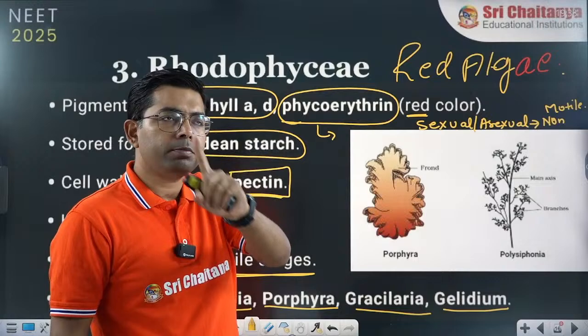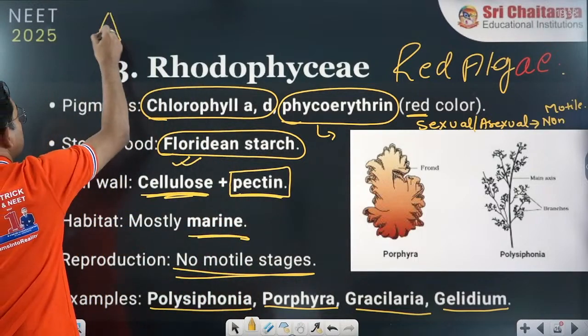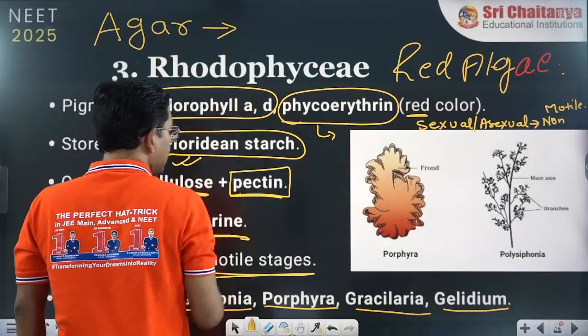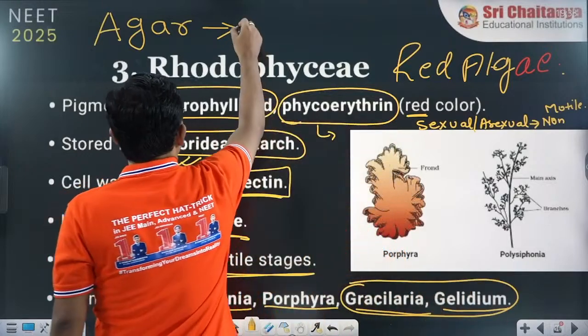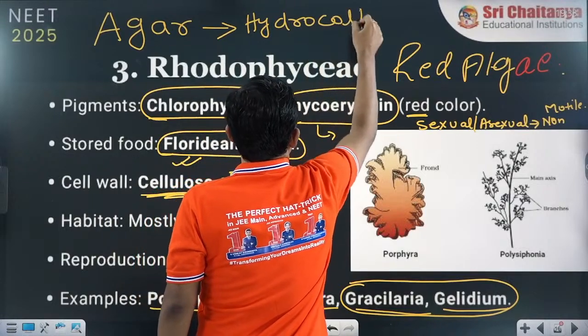One more important product is obtained from red algae. Note it down. That is called agar. Agar is obtained from red algae. Which red algae? Gracilaria and Gelidium. Agar is a hydrocolloid. Note it down.